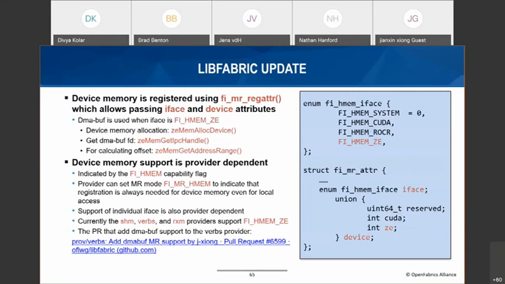One of the two parameters is the iface, the interface, that distinguishes between memory allocated from the device using different APIs. For example, it could be from CUDA, or from ROCr, or from ZE. ZE is a Level Zero API from Intel that works for Intel GPUs.